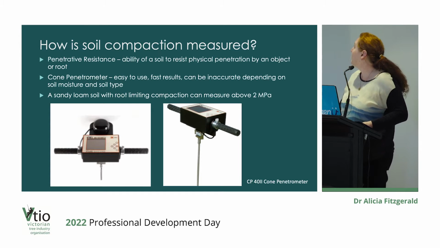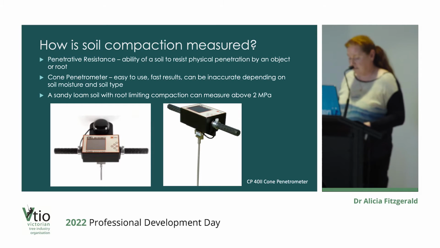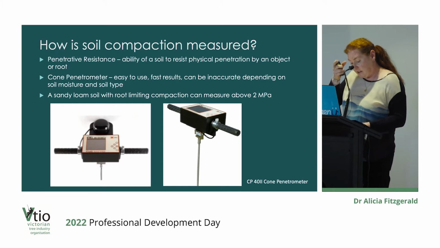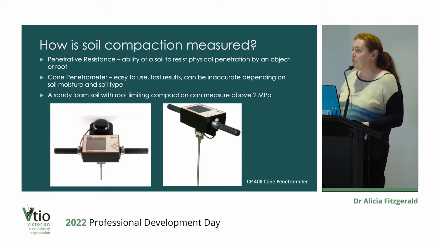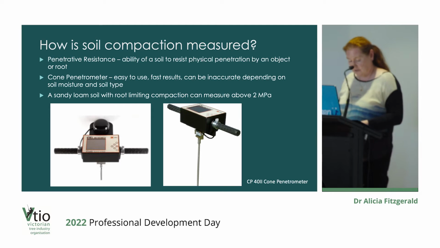Another method is penetrative resistance, which is the ability of a soil to resist physical penetration by an object or root. This photo shows a cone penetrometer, where a metal probe is pushed into the soil and it instantly measures the compaction level in megapascals.